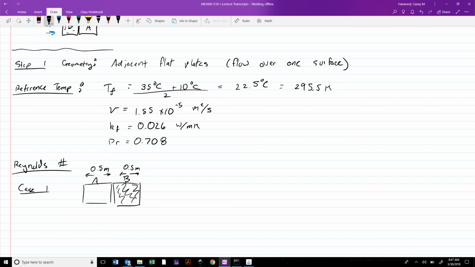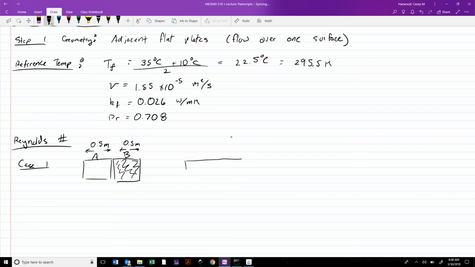Okay, anyone have it? It's called a transition point, an x sub c value? 0.31 meters. That looks like the right number.